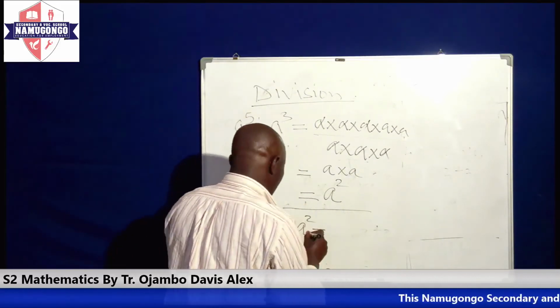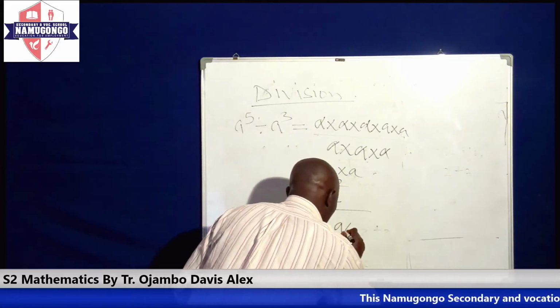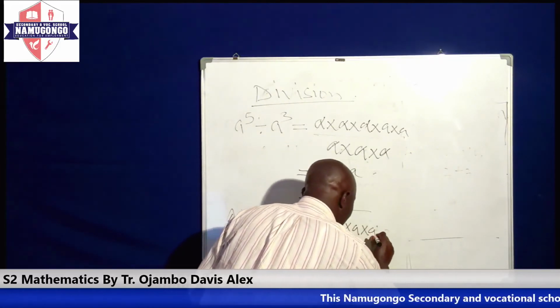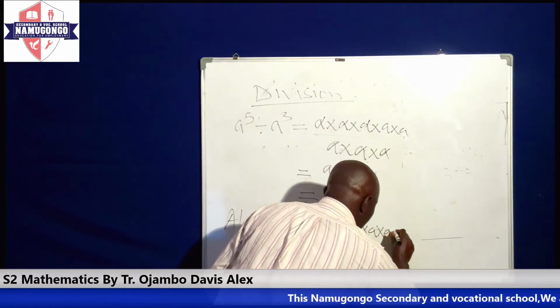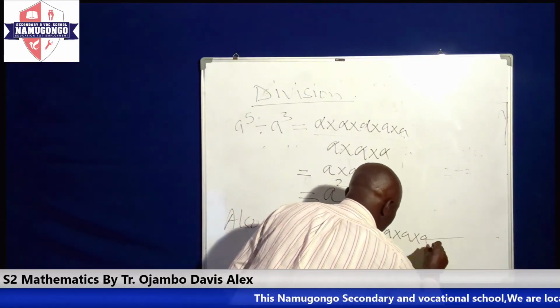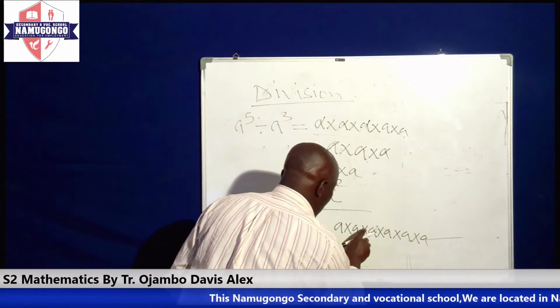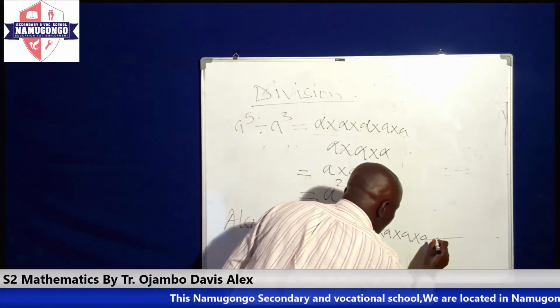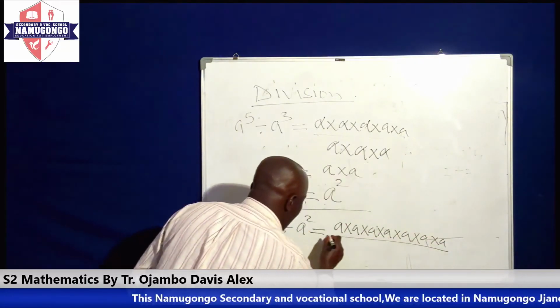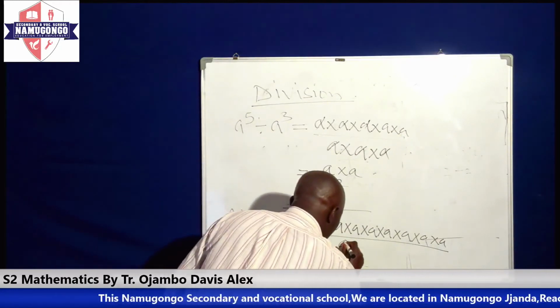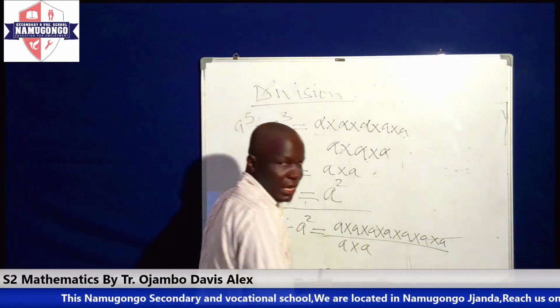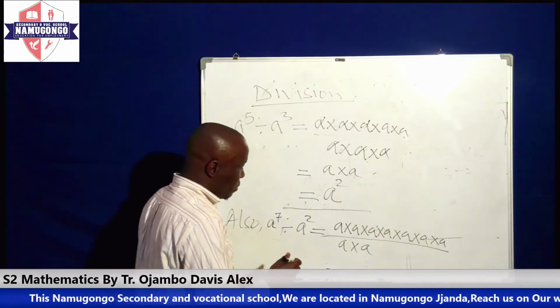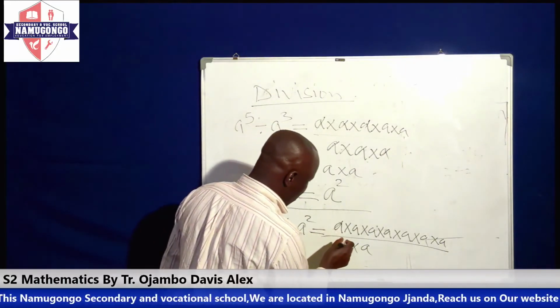A raised to the power of 7 can be written as a multiplied by a multiplied by a multiplied by a multiplied by a multiplied by a, 7 times. You can even count 1, 2, 3, 4, 5, 6, 7. Being divided by a multiplied by what? By a.